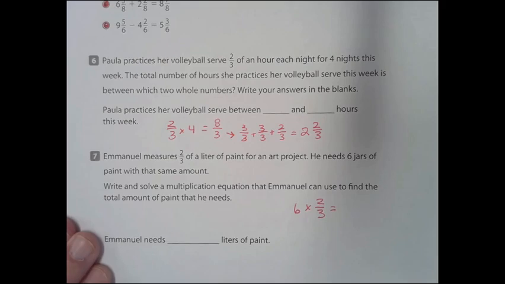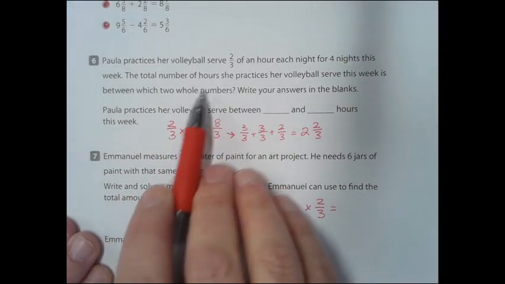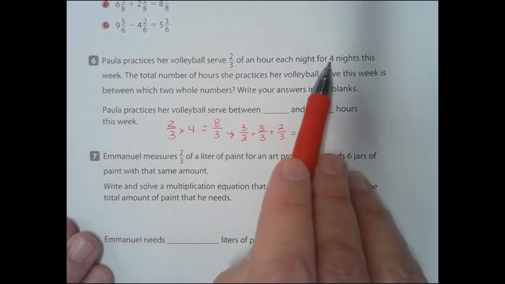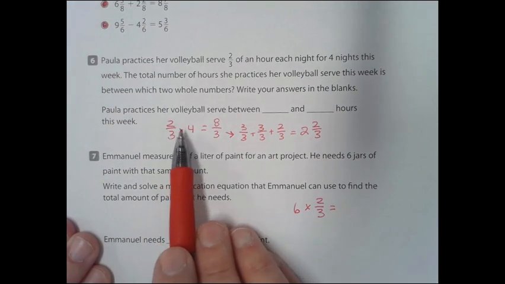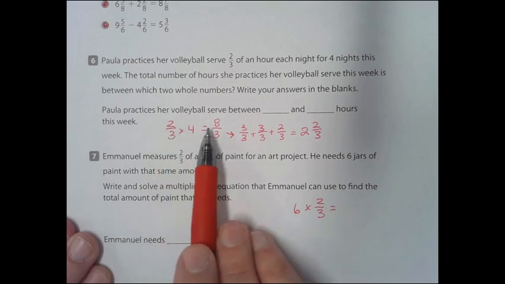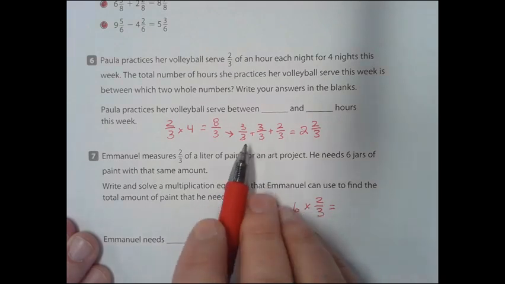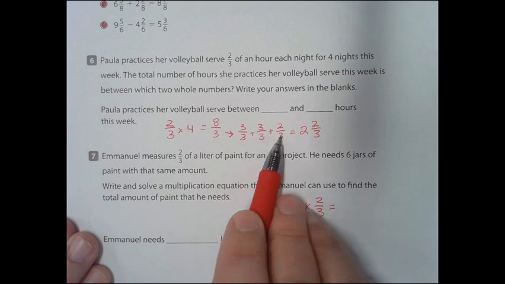So in order to figure out what two whole numbers the total number of hours she practices is between, we got to solve that. So I took 2/3 of an hour times 4 nights. So again, we're multiplying the whole number times the numerator. So 2 times 4 is 8. That gives me 8/3. So again, breaking it down into a mixed number, I see that there's 2 wholes plus 2/3.